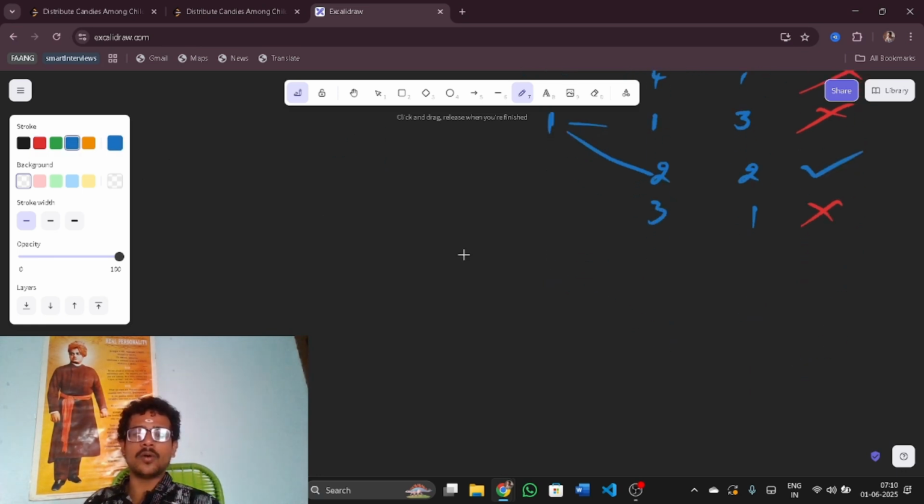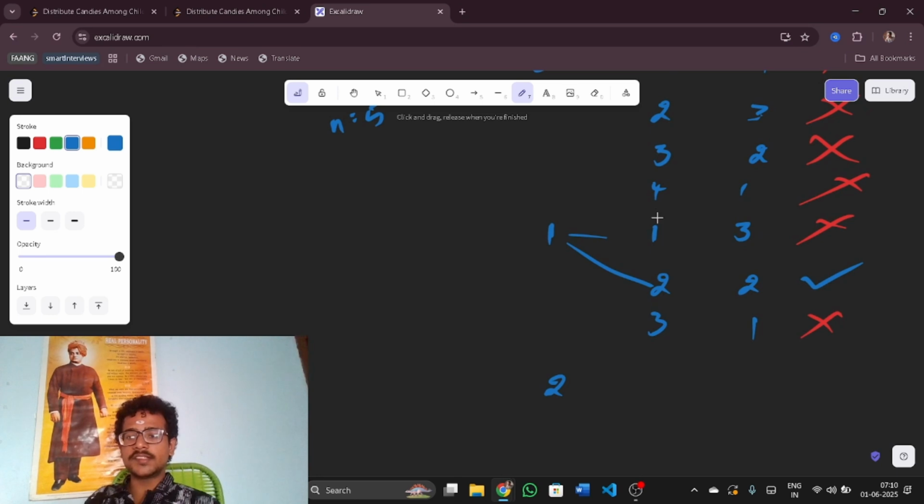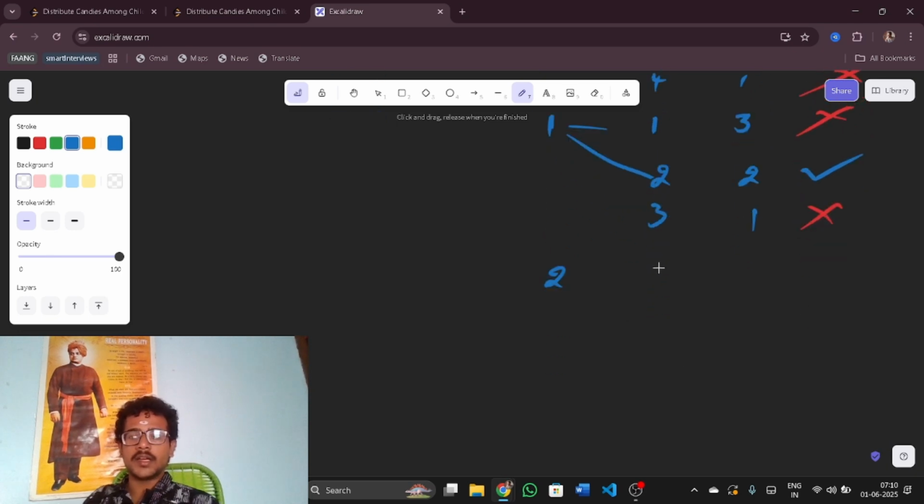Now I'll give 2 candies to child 1 and I am left with 3 candies. Now I can give 1 candy, or you can also consider giving 0 candies and then giving 4 candies. But I am starting here: I have given 0 candies to child 2 and I am remaining with 3 candies. But can I give 3 candies to child 3?